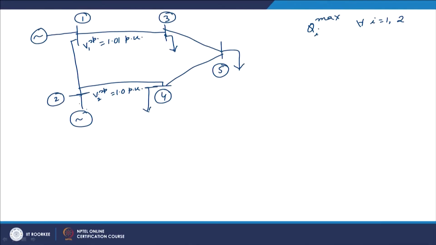But if the amount of load thrown is more, then what will happen? The bus voltage profile will be quite high. In that case, these excitation systems will have to absorb more and more reactive power to maintain the bus voltage magnitude at 1.01 per unit as well as at 1.0 per unit. Again, each and every generator, because of its physical limit, the current carrying capability of the field windings as well as the armature windings, can only absorb a certain amount of reactive power, not more than that.